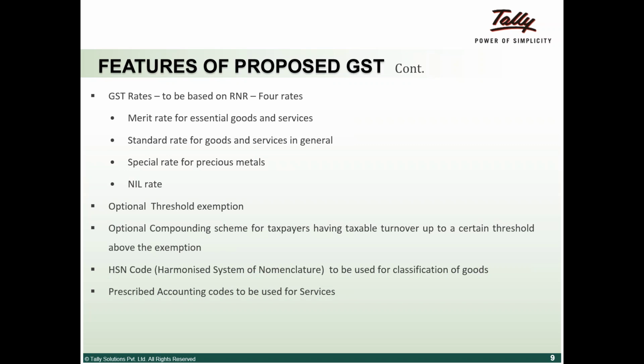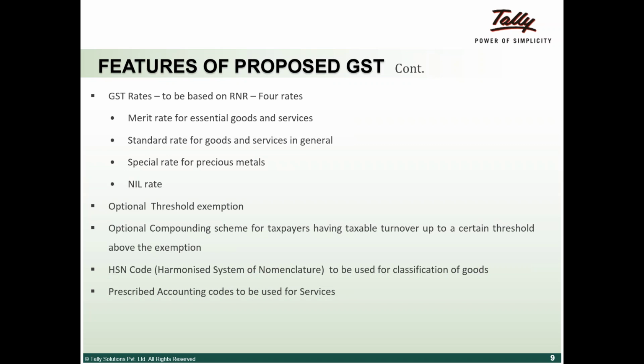Right now, let's not concentrate too much on the rates. I think the Empowered Committee is convening again to come out with what the revenue neutral rate should be. And there will also be something called a special rate, which could be on precious metals, which could be on what we call sin goods.